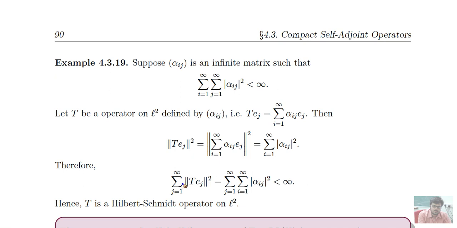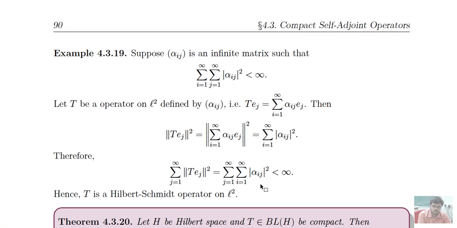Because it is Hilbert-Schmidt, summation j equals 1 to infinity norm T ej square is finite, and that gives us this condition. Because it is finite, T is a Hilbert-Schmidt operator. On the other hand, if we assume T is a Hilbert-Schmidt operator, we get the required condition based on the matrix. Right? So this example is covered.